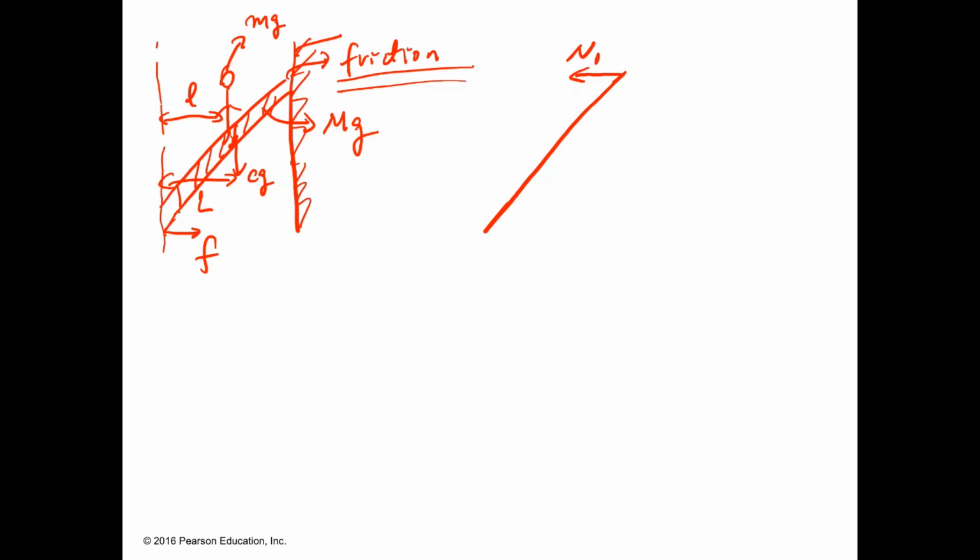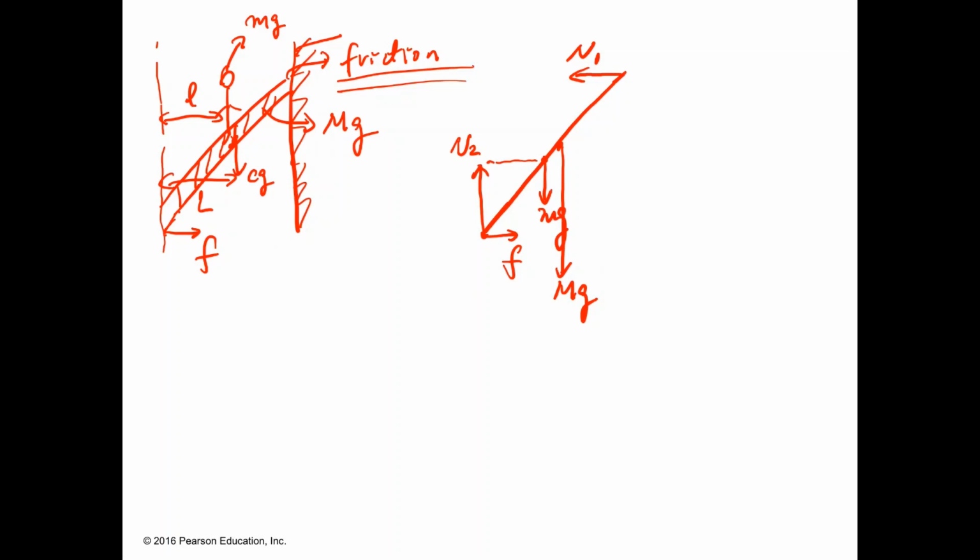And from the ground you would have a normal force pointing upward, let's call it N2. And also this is the friction that we want to know as well. And we have this person standing here, let's have mg. You also have halfway along the ladder big Mg, the weight of the ladder.